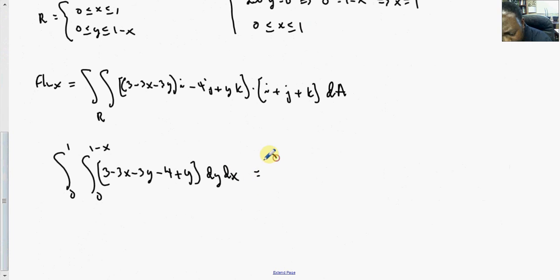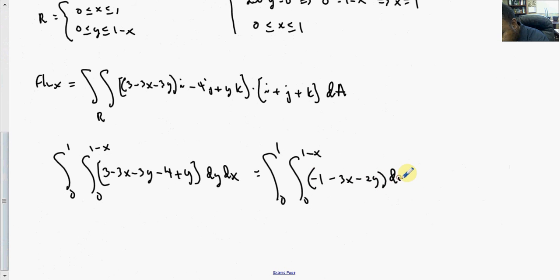Simplify this. The integral from 0 to 1, the integral from 0 to 1 minus x. 3 minus 4 is -1. Then we have here, this is minus 3x minus 2y dy dx.